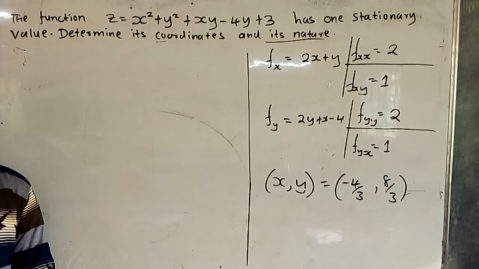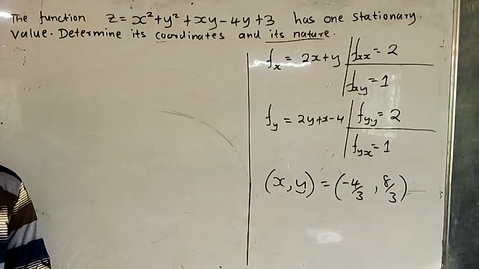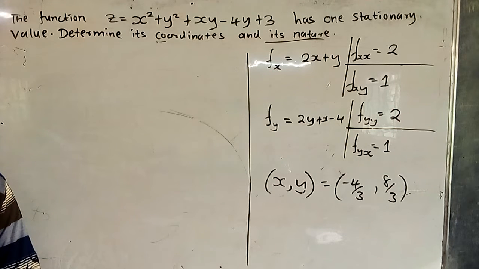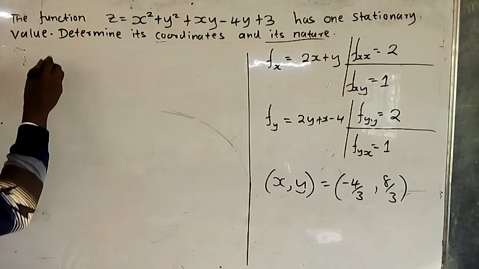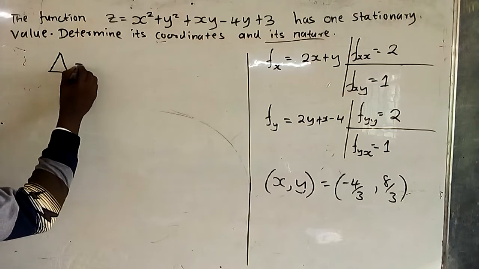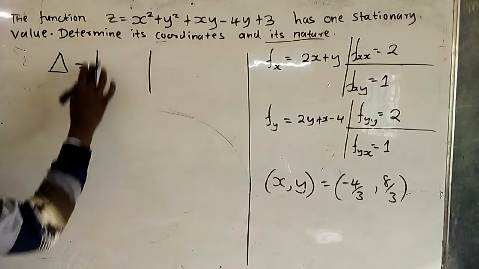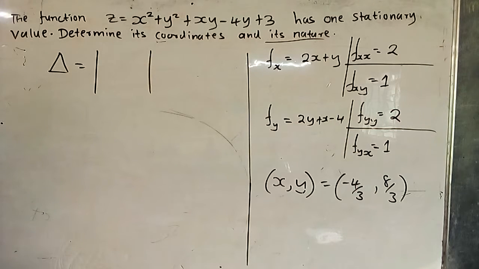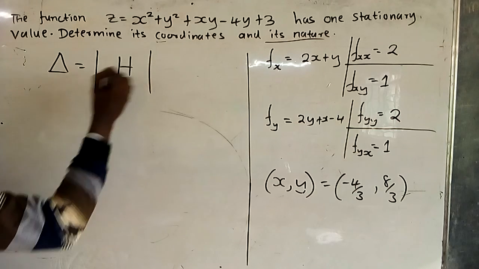We said the Hessian matrix is a matrix of the second order partial derivatives. Are we together? So we know that the discriminant is given by the determinant. Remember, the determinant is placed in those strokes, isn't it? The determinant of the Hessian matrix.